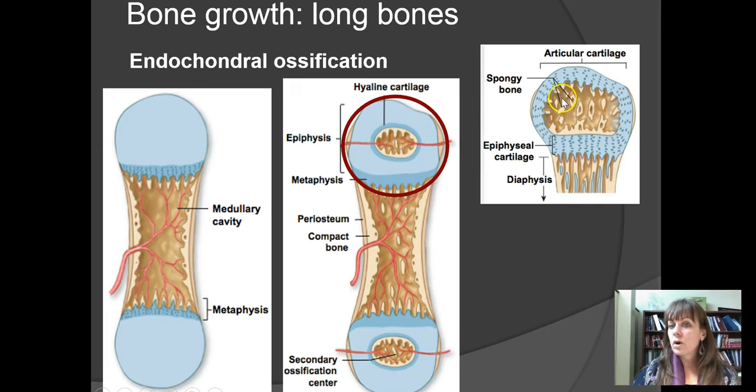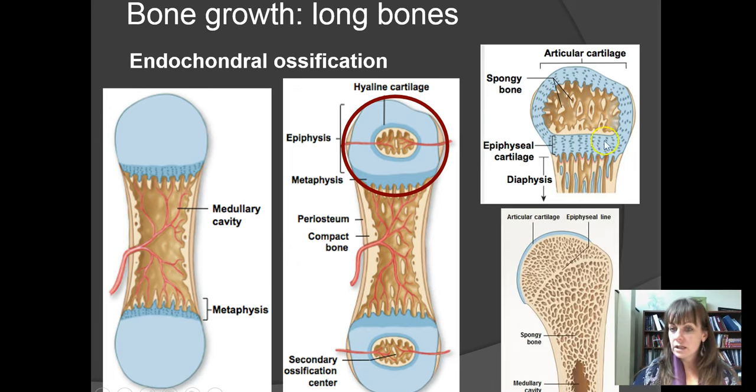We have bone growth going from the inside out in both places, and in between we still have a bit of cartilage. This is called the epiphyseal plate. As long as you still have this bit of cartilage that can be replaced by bone, your bones can continue to grow longer.